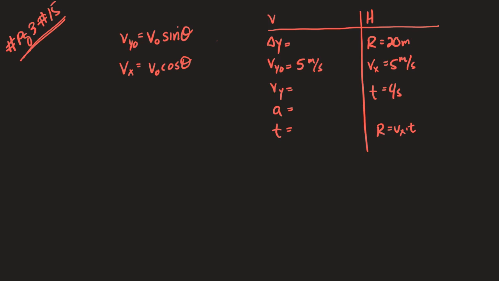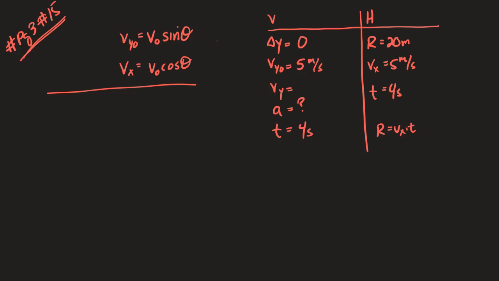So, the next part of this problem reminds me that they want the acceleration due to gravity. This object launches and lands from the same height, which means the delta y is 0. It's in the air for 4 seconds. I should be able to use this to figure out a. So that's what I'm going to do next.